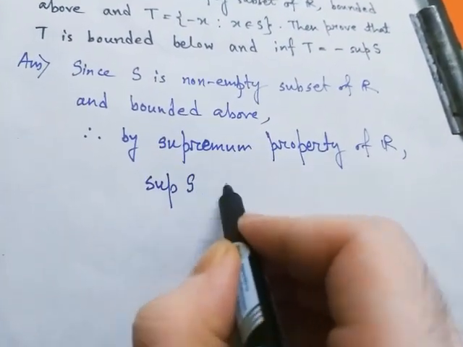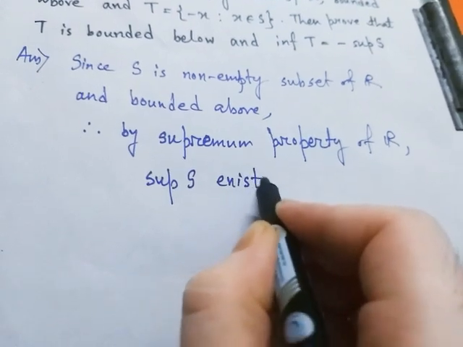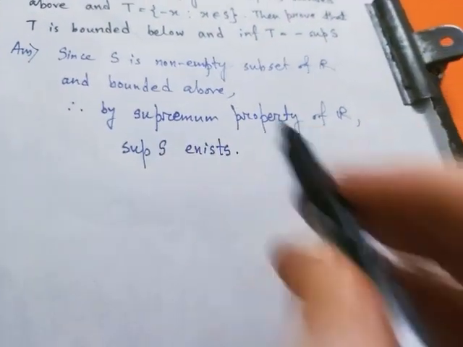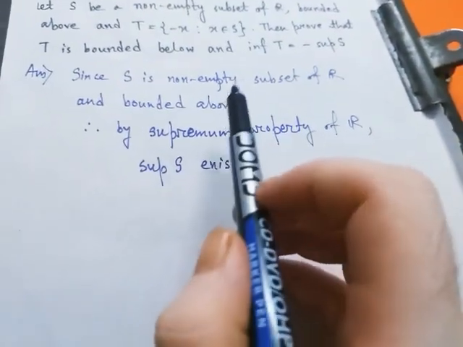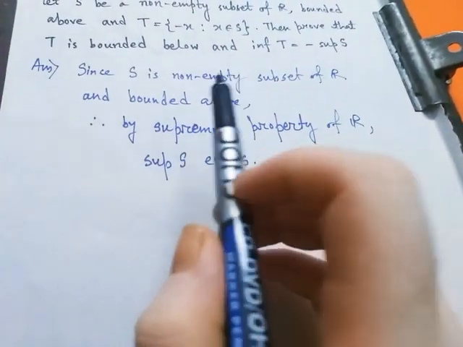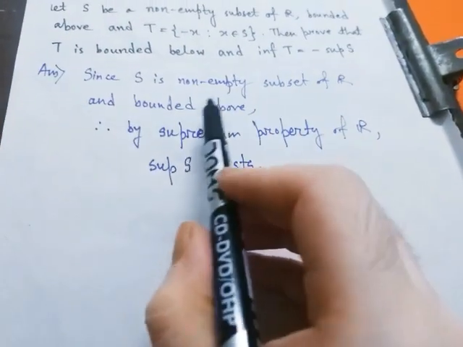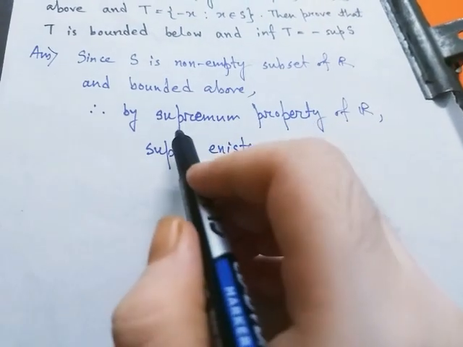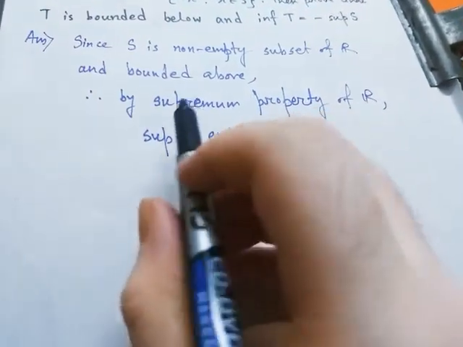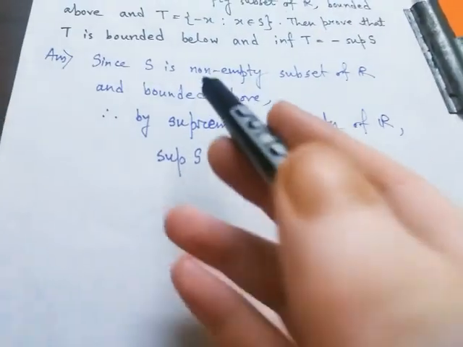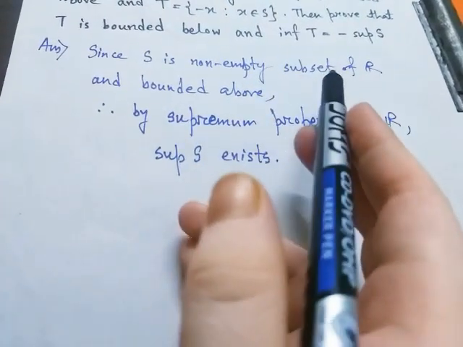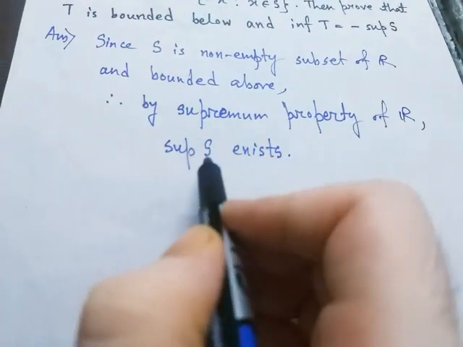That means sup S exists. Because by the supremum property, every non-empty subset of R that is bounded above has a least upper bound. So S is a non-empty bounded above subset of R, so the supremum of S exists.